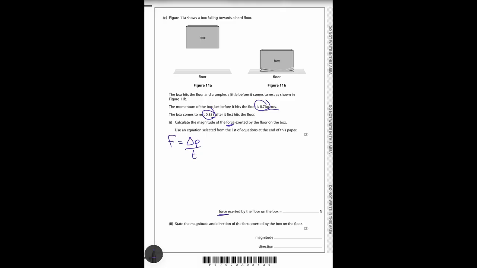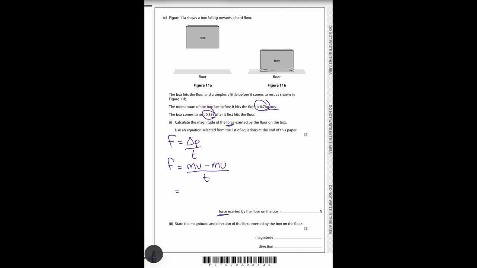It hasn't given me a final momentum, but is there an indication in the question that I know what the final momentum is? Well, yeah, it's hit the floor, so again, they're secretly telling me that the final momentum is going to be 0. So the change in momentum is always going to be final minus initial. So final momentum minus initial momentum divided by time.